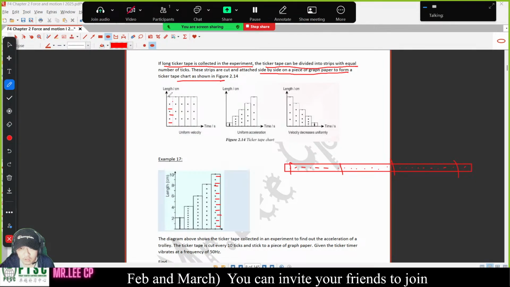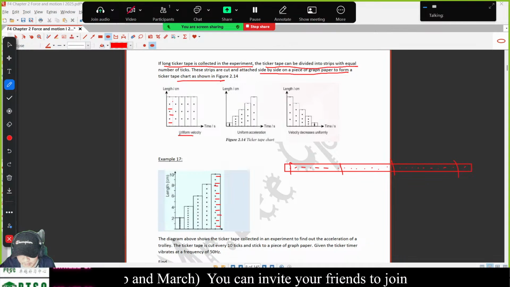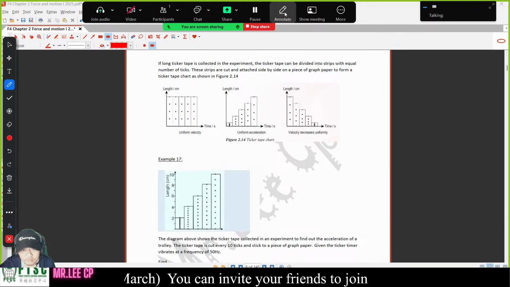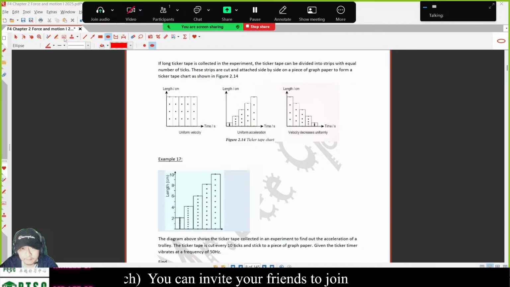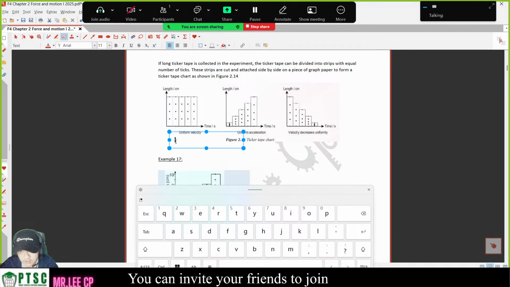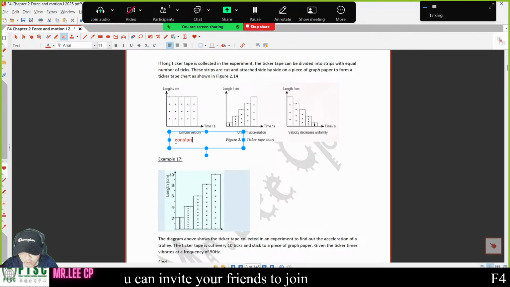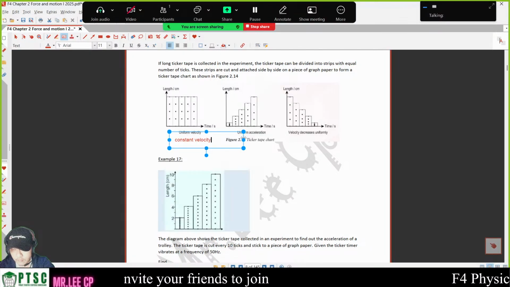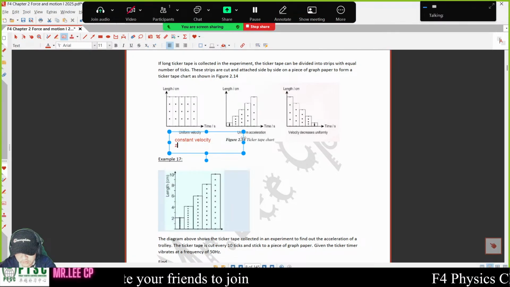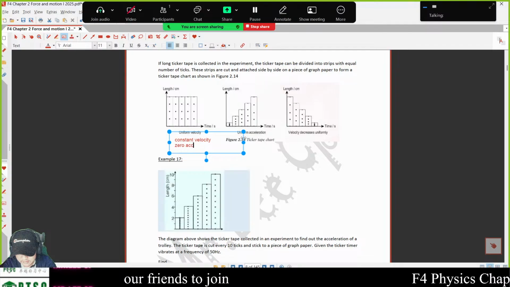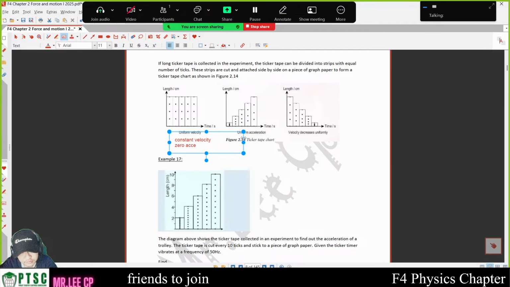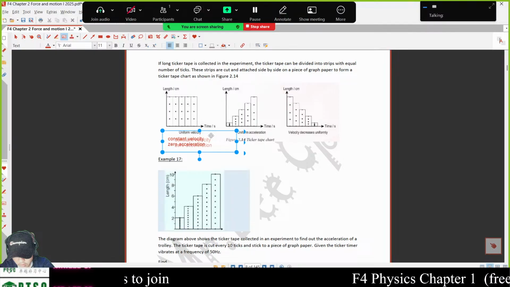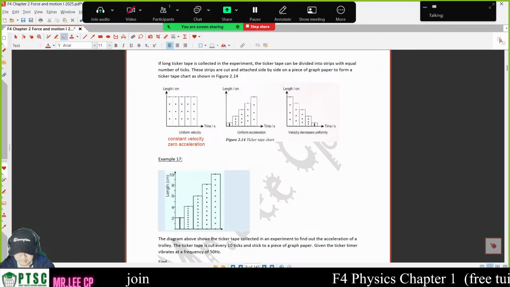If the chart is the same, we call it constant velocity, or uniform velocity. Constant velocity is also called zero acceleration. I will tell you in the future, not today.